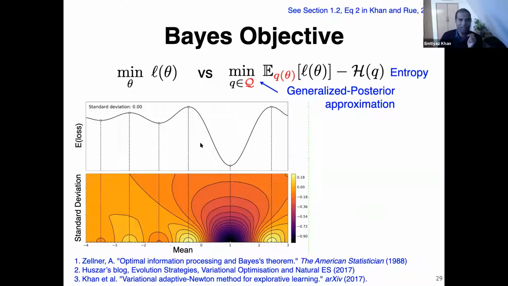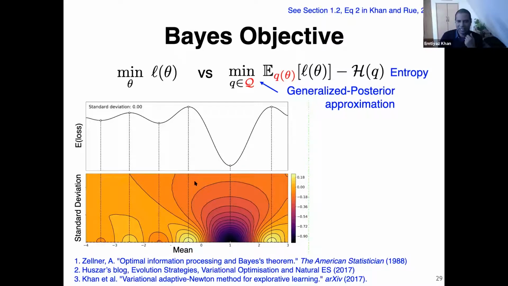But if you plot that in the space of distributions, so when you're trying to optimize the mean and the variance of the distribution instead of just the parameter theta, then your objective will have two dimensions, one corresponding to the mean, the other to the variance.